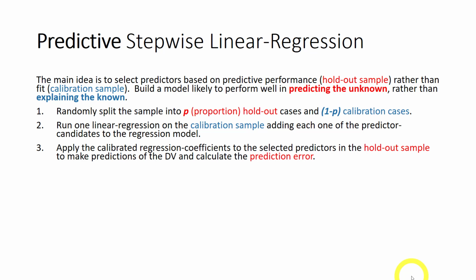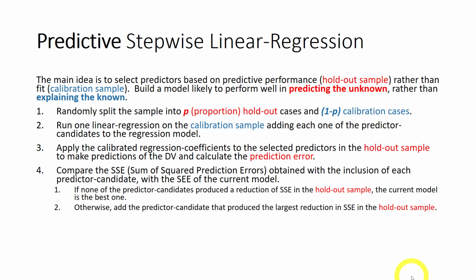Then we apply the calibration regression coefficients to the selected predictors in the holdout sample to make predictions of the dependent variable to calculate the prediction error. And then we compare the sum of squared prediction errors obtained with the inclusion of each one of the predictor candidates with the sum of squared errors of the current model. So we had the previous model, added one predictor at a time to the current model, calibrated in the calibration sample, then we use the model to make predictions in the holdout sample. And the criterion to select a predictor is the performance in the holdout sample.